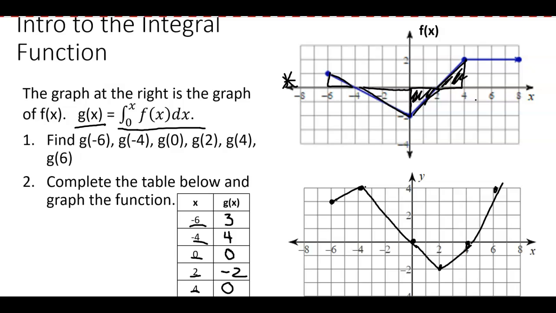An integral function is a function that has an integral in it. And what it represents is how the area under the curve of its integrand is changing as x is changing. And likewise, you can graph the integral function as well and kind of see some comparisons. So in other words, the slope of this function is going up because that's a positive area.